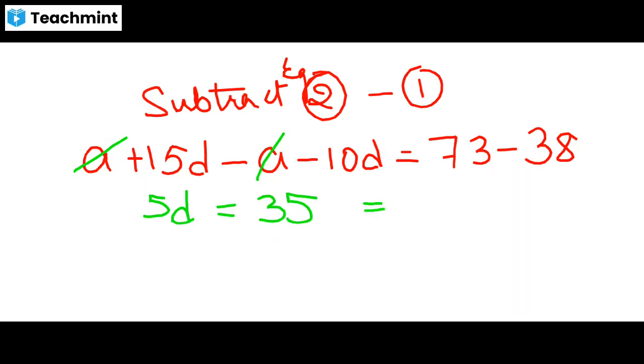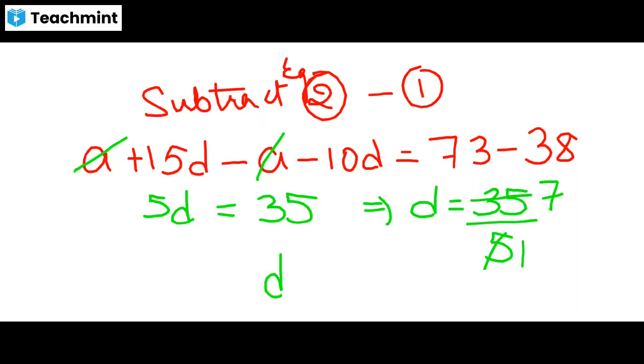So from this, what do you get as the d value? 35 by 5. 5 sevens are 35. So d is 7. Now you got the common difference as 7.